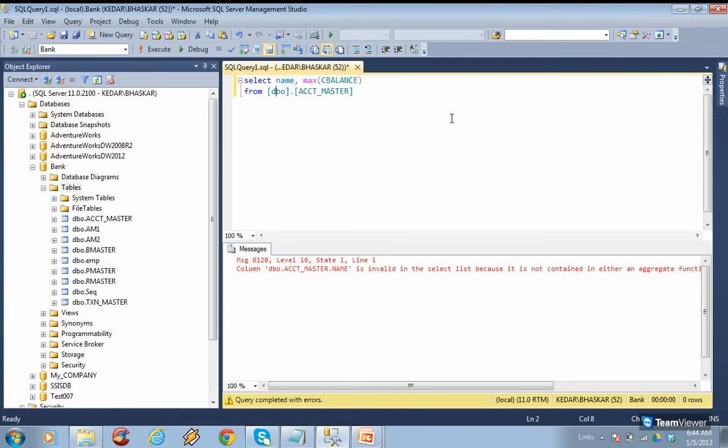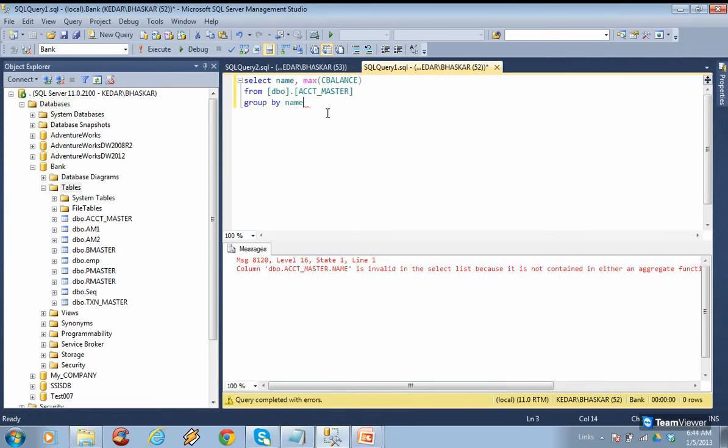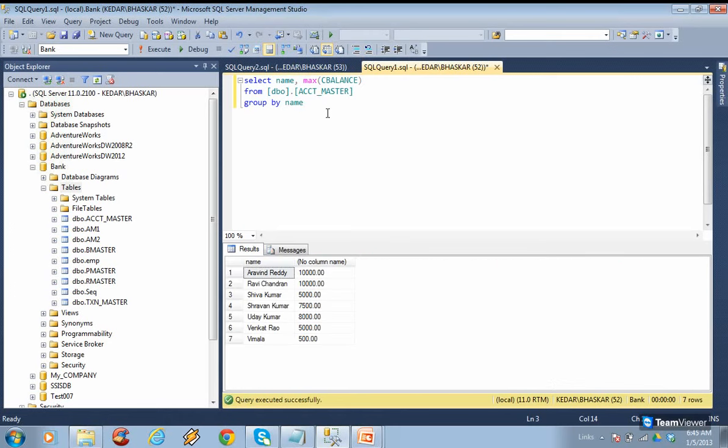That's what we have learned. So they try to put a group by clause in this context. They'll put group by name here and they'll get all the names. But the question is, who's the person who's having the maximum clear balance? So this is not the way to write it.